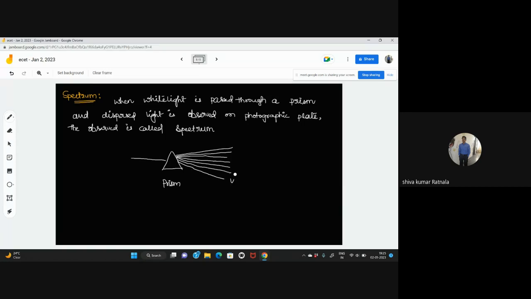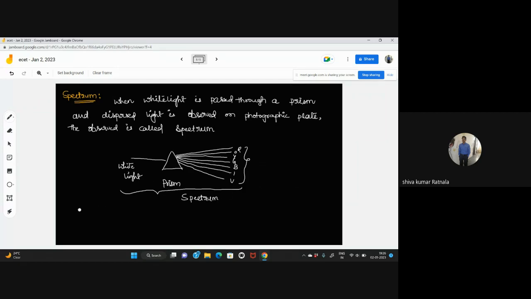That is VIBGYOR. You have studied this in lower classes, I believe. This splitting or dispersion of light happens when we pass white light, meaning normal light. This entire setup we call a spectrum.